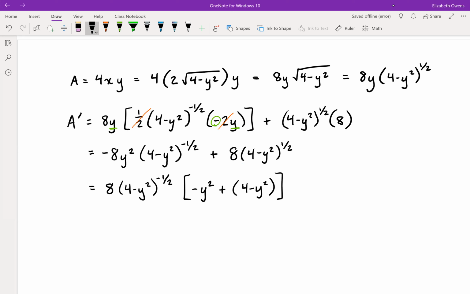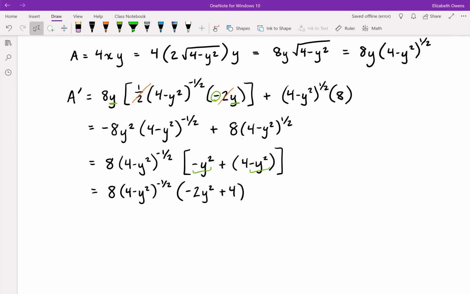Okay. And let's continue our cleanup here. All right, inside here we have negative y squared plus another negative y squared. So that would be negative 2y squared plus 4. All right.